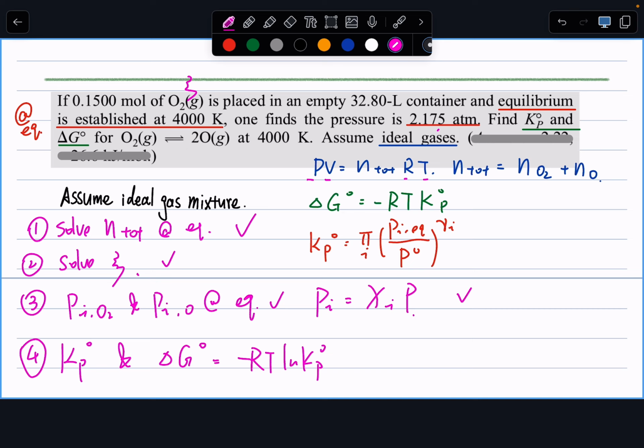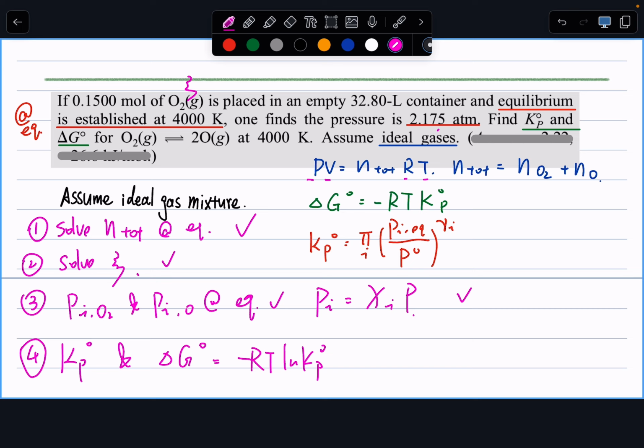What else do we know? We know N total, right? So my final state is my equilibrium state. So we know that this sum gives me N total, which is 0.2172 mole.